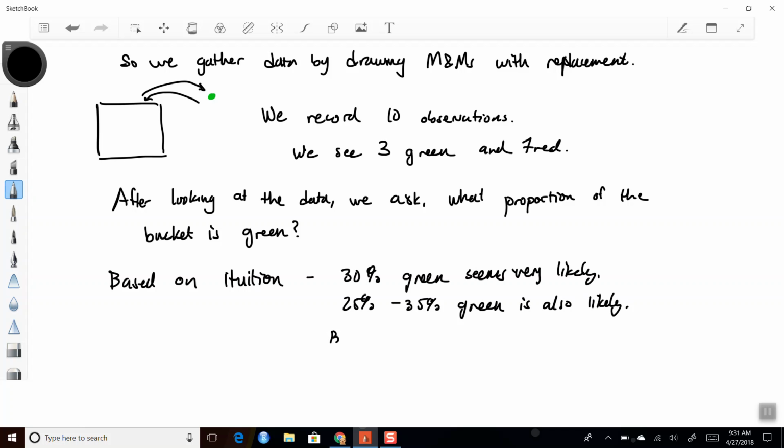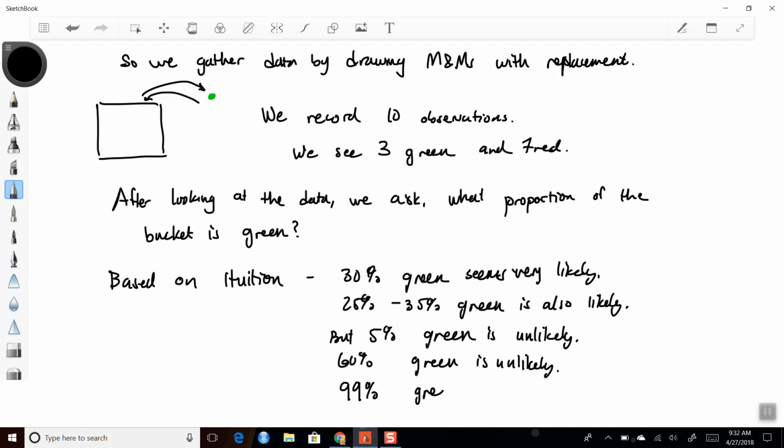But 5% green is unlikely. 60% green is unlikely, something like this, right? 99% green seems almost impossible. All right, is this okay for the intuitive sense?